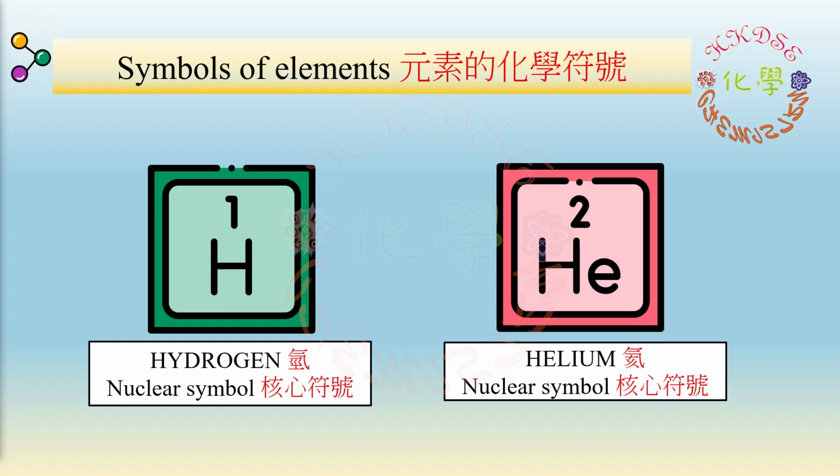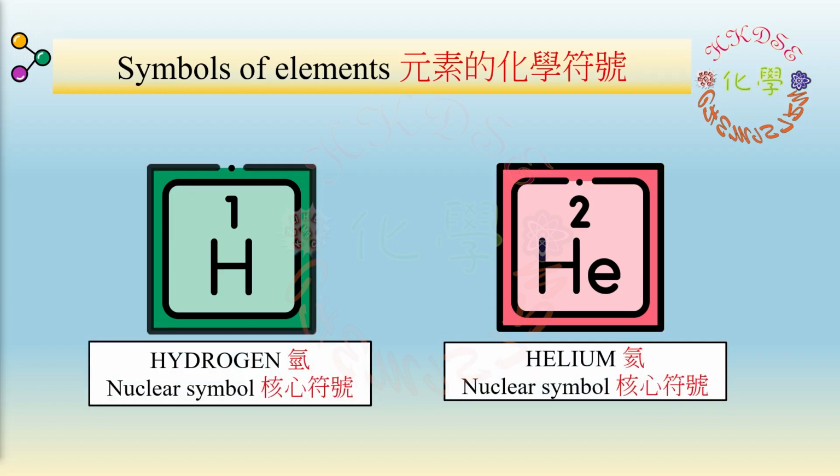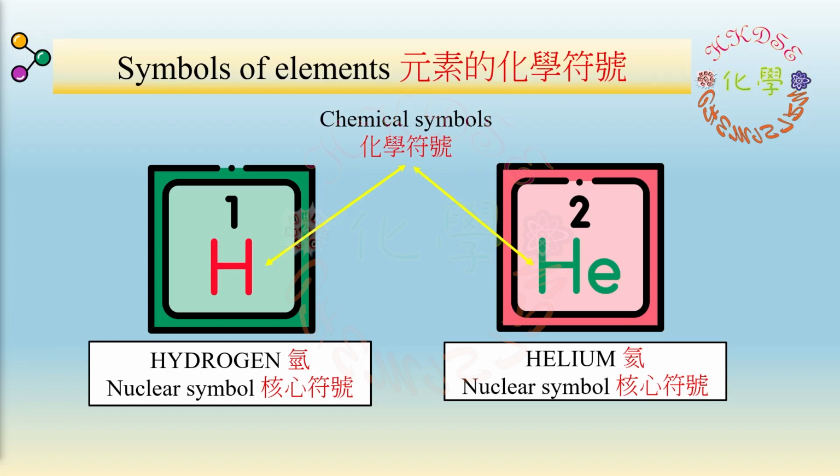To see exactly what they tell us, let's take a look at the nuclear symbols of hydrogen and helium. The first thing to notice is the elemental symbol, which are the 1 or 2 letter symbols which represent that element. So, H represents hydrogen and He represents helium.